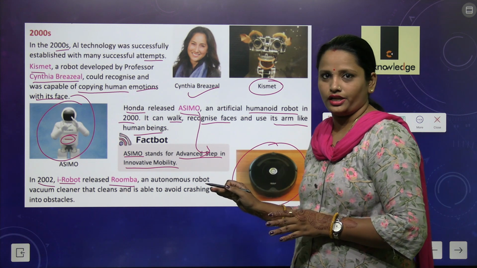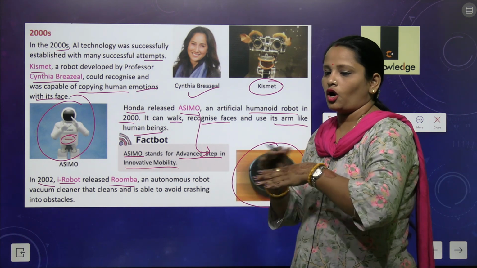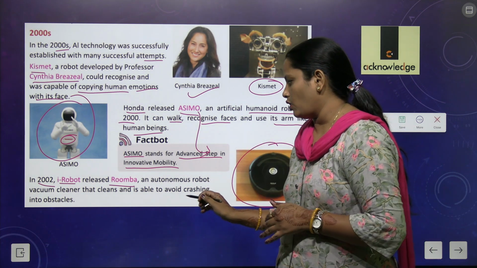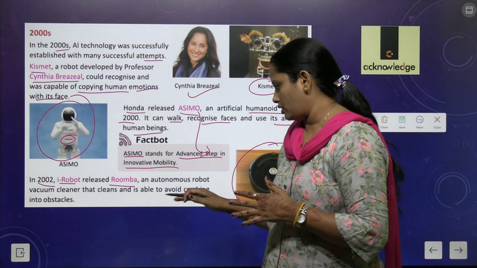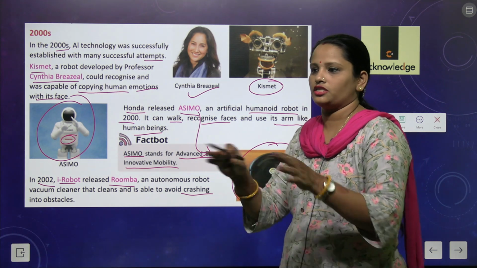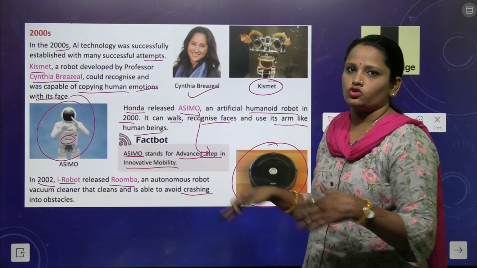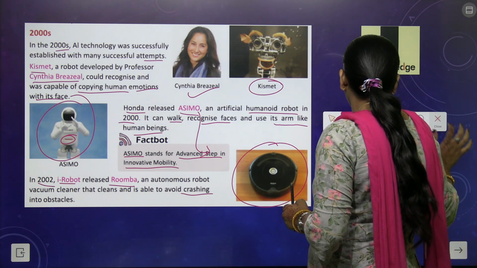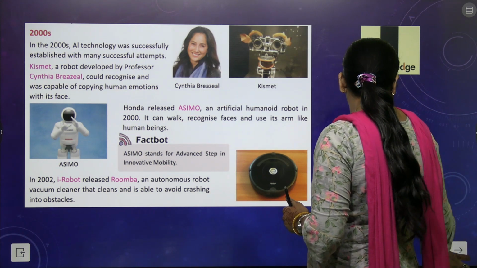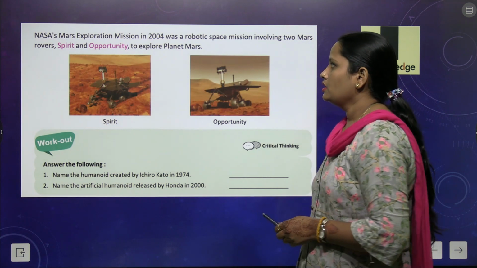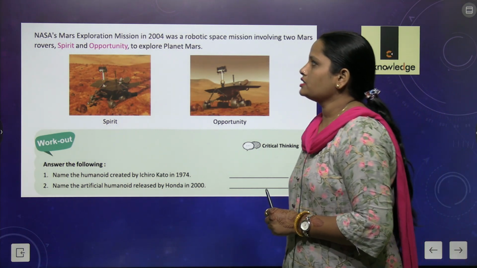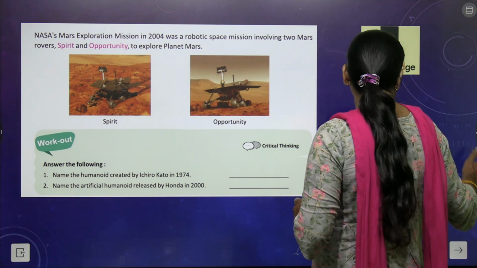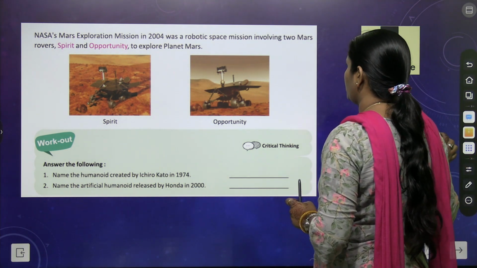It was a vacuum cleaner, and if there is any obstacle in between, it would not collide or crash into that obstacle. It changed its position from there and used to clean the room. So it was also a very good invention by a scientist.